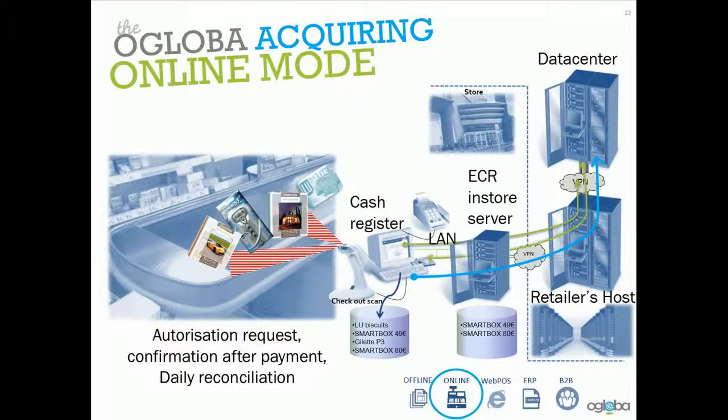Other articles are scanned and eventually the client will pay the basket to the cashier. A successful payment will trigger the confirmation message to the host and the ticket printing. If the payment failed, the voucher goes back to the shelf in an inactive status. Reconciliation files are sent every day by every store and matched automatically with the daily transaction records.